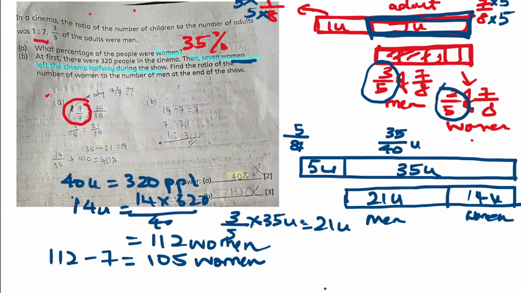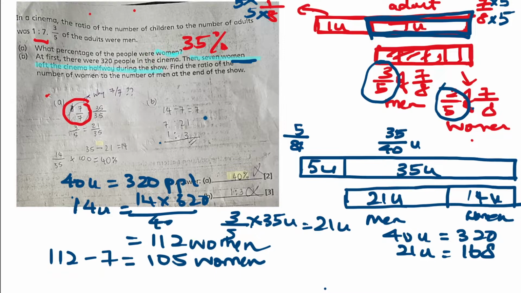What about the guy? The guy, you know that nobody left. It's 21 unit here. So as usual, you just put 40 unit is 320. Then here 21 unit. You do the calculation. 21 times 320 divided by 40. I have 168.